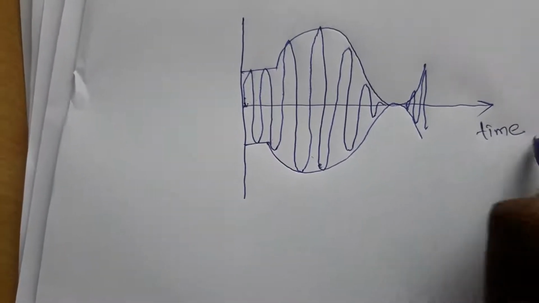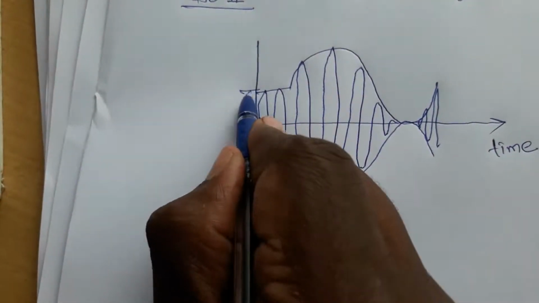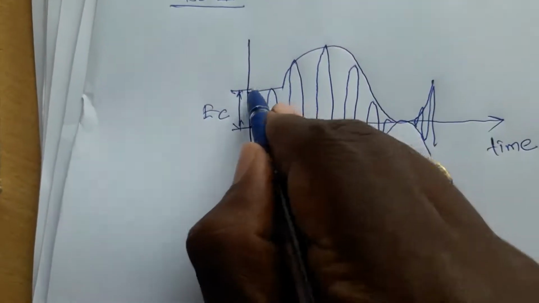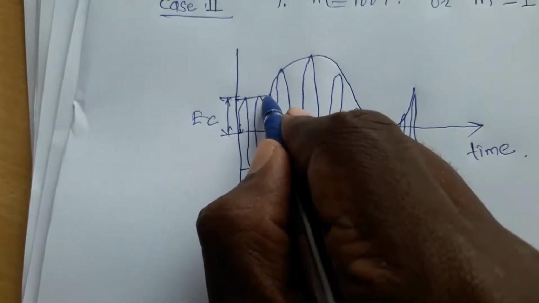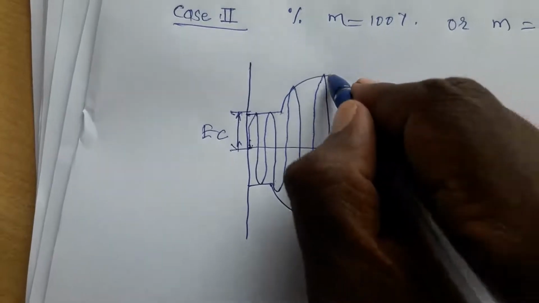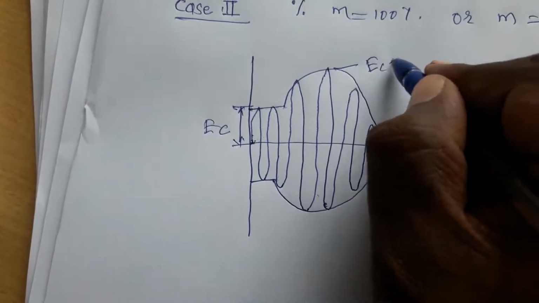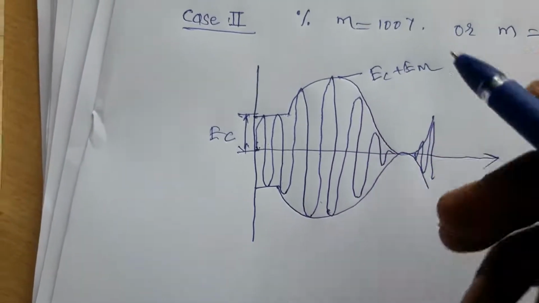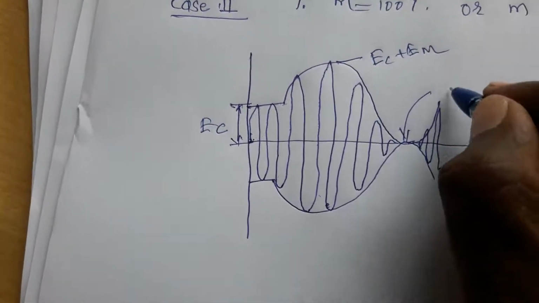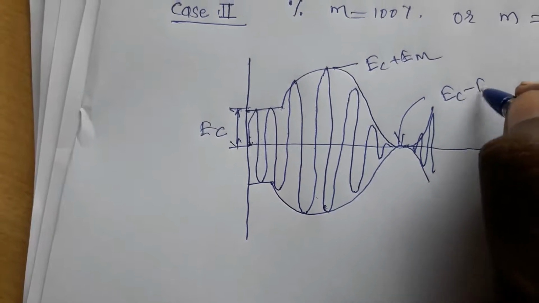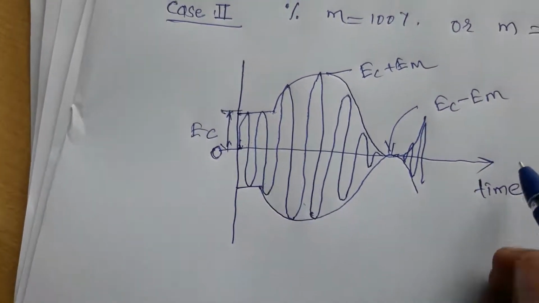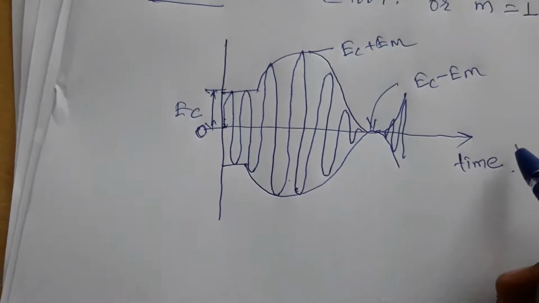On the x-axis is time. This is the value of EC, the unmodulated carrier, because there is no modulating voltage change. This is EC plus EM, and we observe that the lowest voltage level, EC minus EM, will touch the 0 level, the x-axis, the time axis.